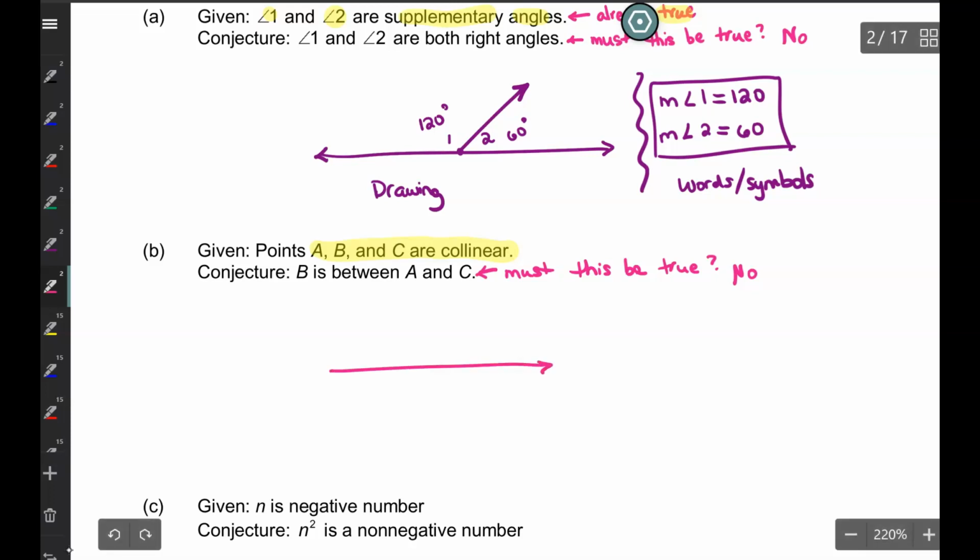So now we want to draw three collinear points. So I'll draw a line. I'll put 3 points. But I specifically want the conjecture to be false. So I don't want B to be between A and C. So maybe I'll put B here, A here, and C here. And that's my counterexample.